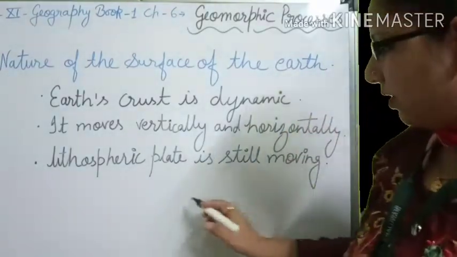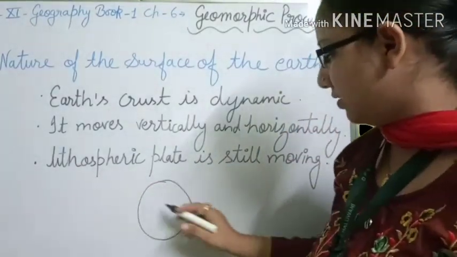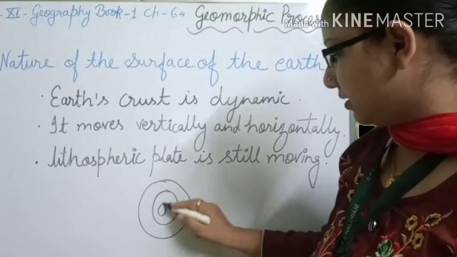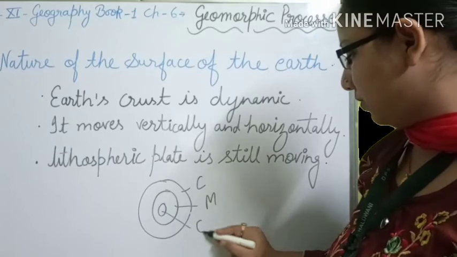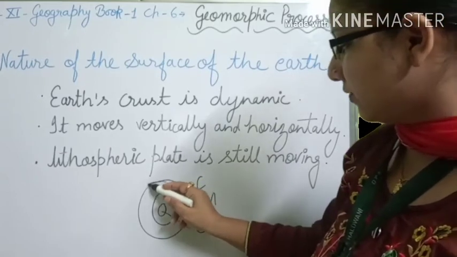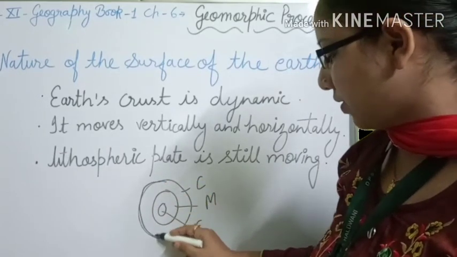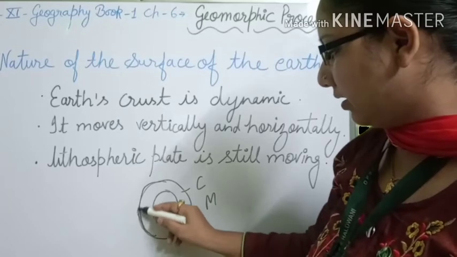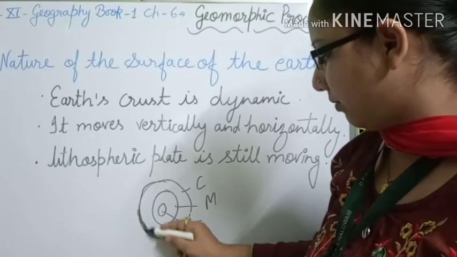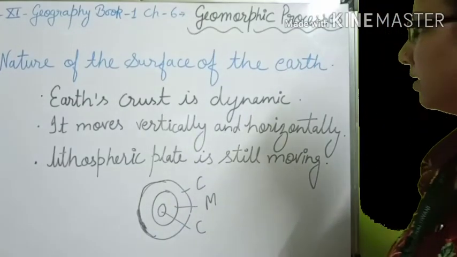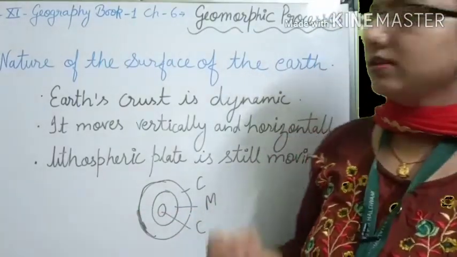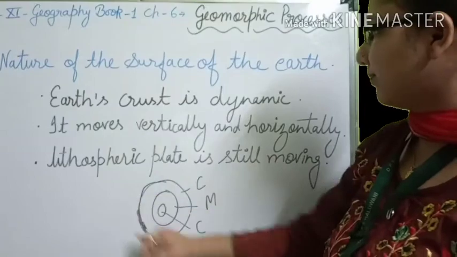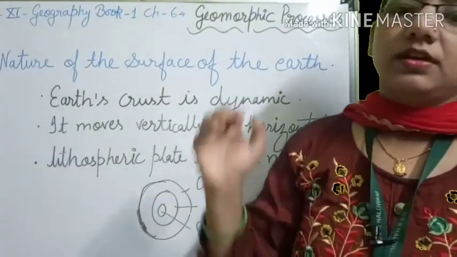As you know, our earth is divided into three parts: crust, mantle and core. The crust, which is made up of soil and other elements like rock and minerals, is the surface of our earth.